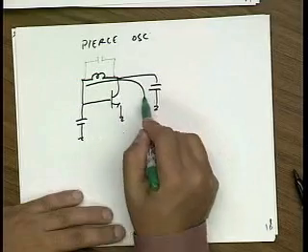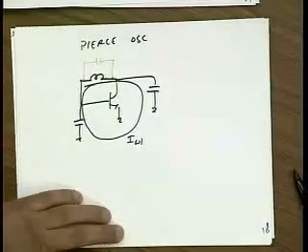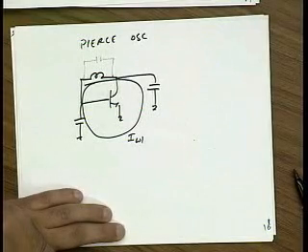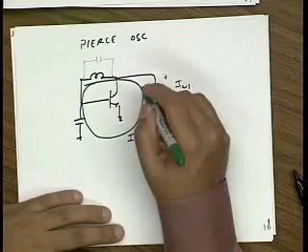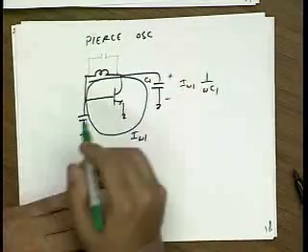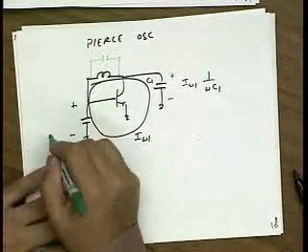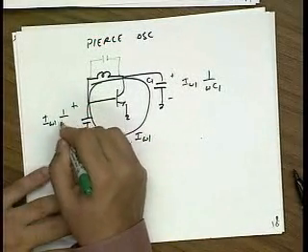So you can think of a big AC current flowing here, I omega 1, and that means that the output voltage is I omega 1, let's call this C1, times 1 over omega C1, and the input voltage will be the same current, I omega 1, times 1 over omega C2.